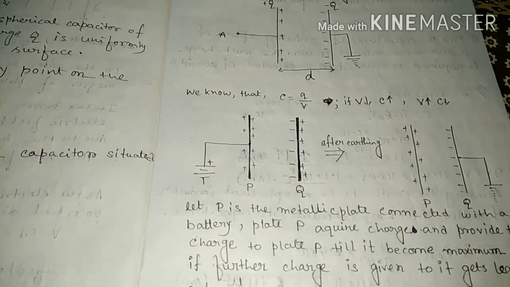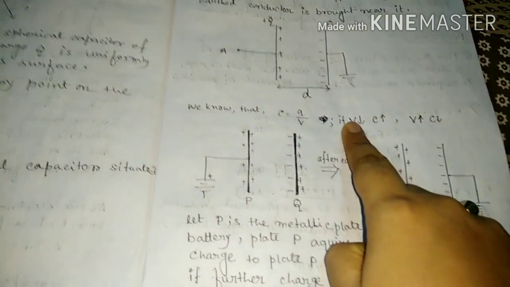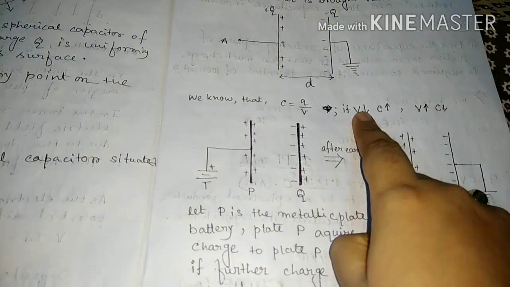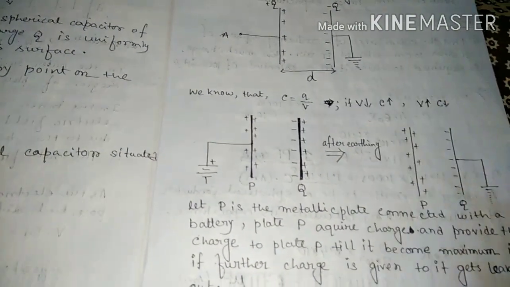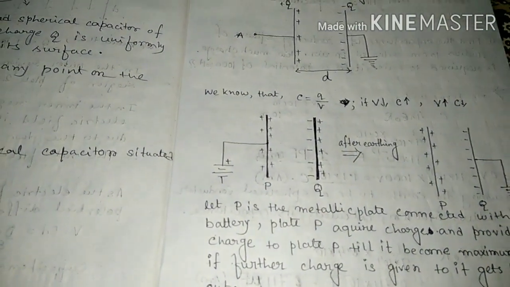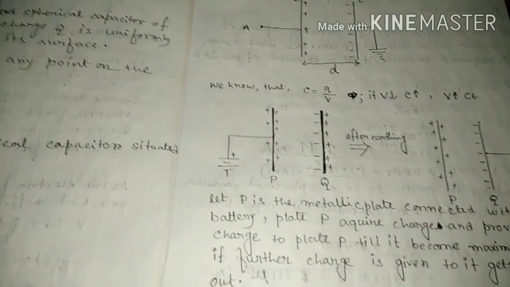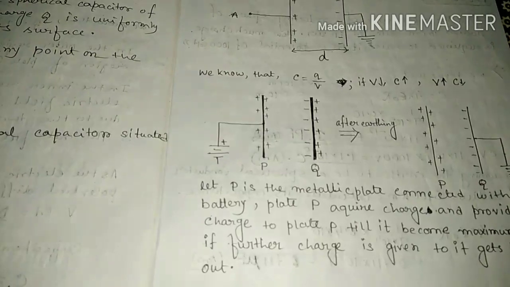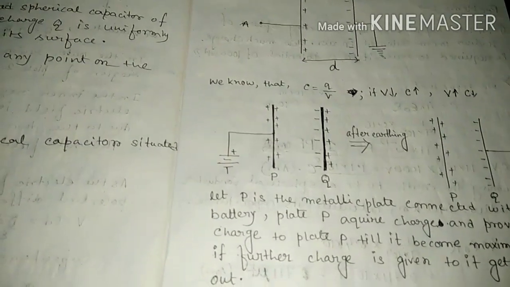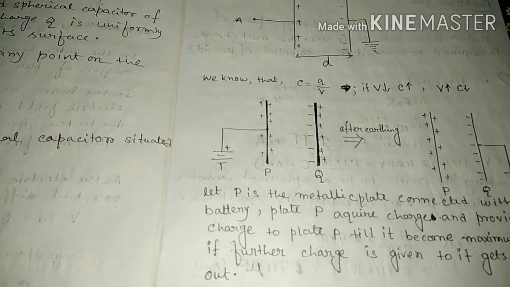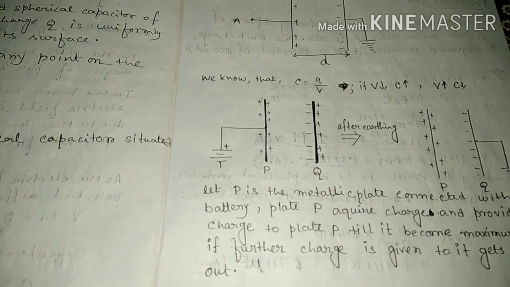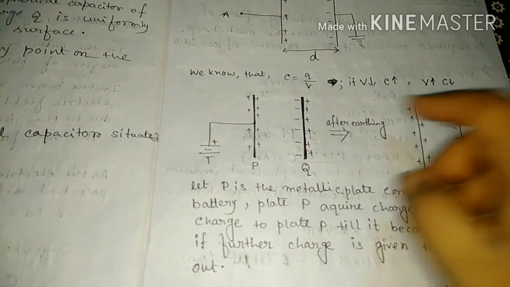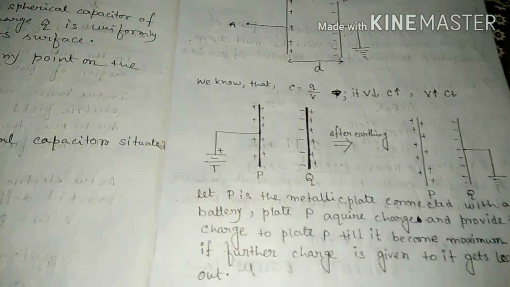So our motto is this: we decrease the potential and the capacitance of that conductor increases. If the capacitance increases, then more charge is stored inside the capacitor or the conductor. So how is the potential decreased?